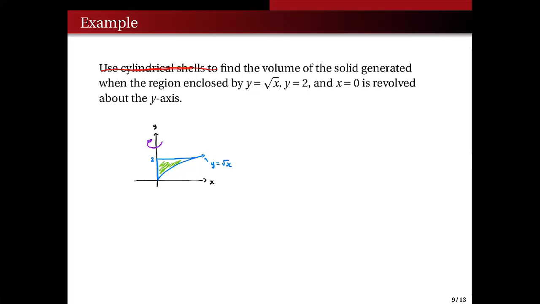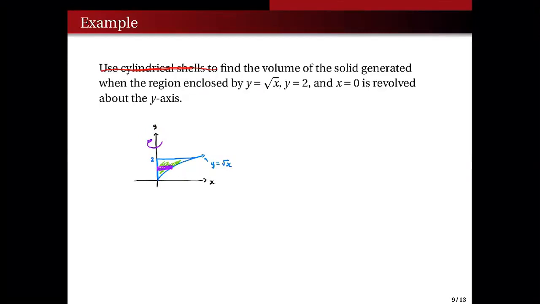Now, recalling the methods that we have, we already used cylindrical shells. In here, we have a vertical axis. Let's use a strip which is perpendicular to that. So we have a horizontal strip.